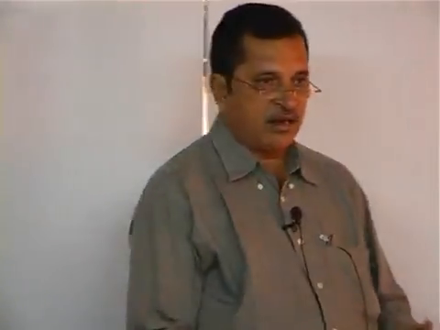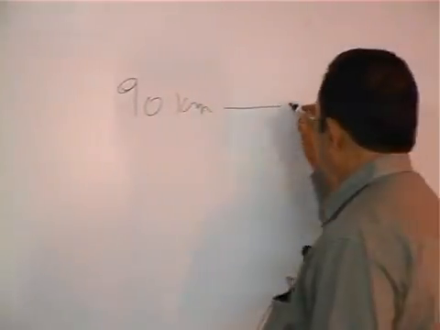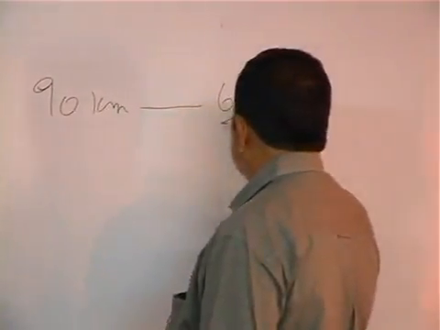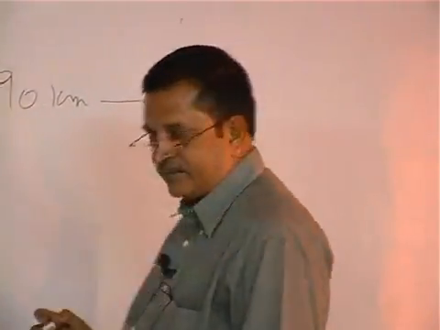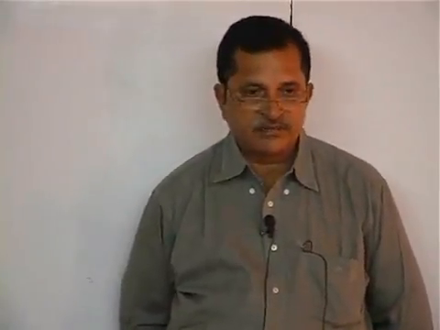To travel 90 kilometers, train requires 60 minutes, is it not? 90 kilometers per hour means, because the question is asked in minutes, so 90 kmph I wrote like this.